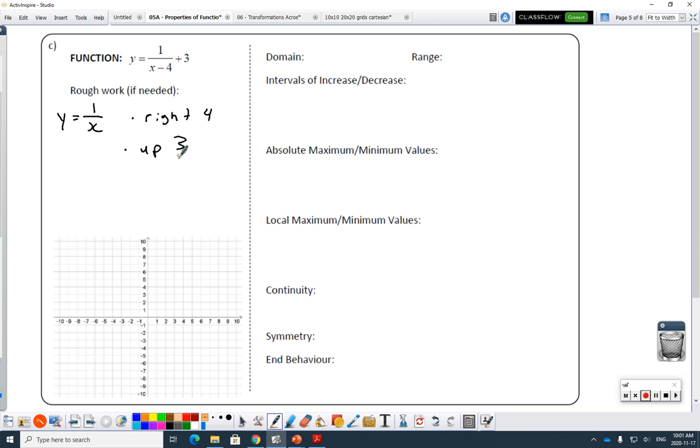The best way to graph 1 over x is to just redraw the new asymptotes. If it's been moved up 3, I'm going to choose orange. My goal with orange is that you can just barely see what I'm about to write. Can you just barely see that? Since it's been moved up 3, that asymptote, that line that 1 over x approaches, has been moved up 3, and the other asymptote has been moved right 4.